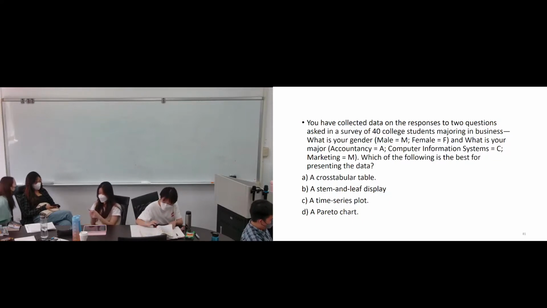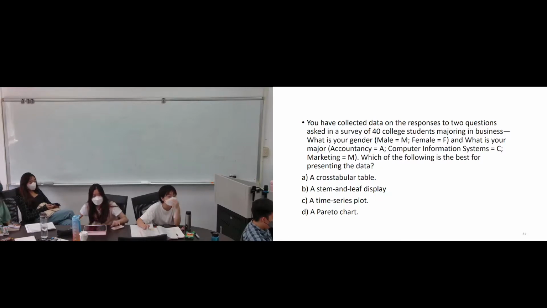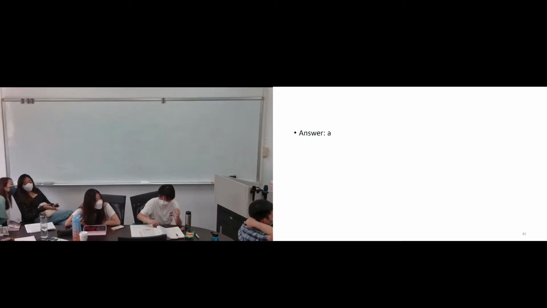These 2 variables, both of them are categorical variables. So if we would like to use a table or chart, which one should we use to describe the relationship between the 2 variables? So cross-tabular table, cross-tabulation table. So this is the last 2 questions.